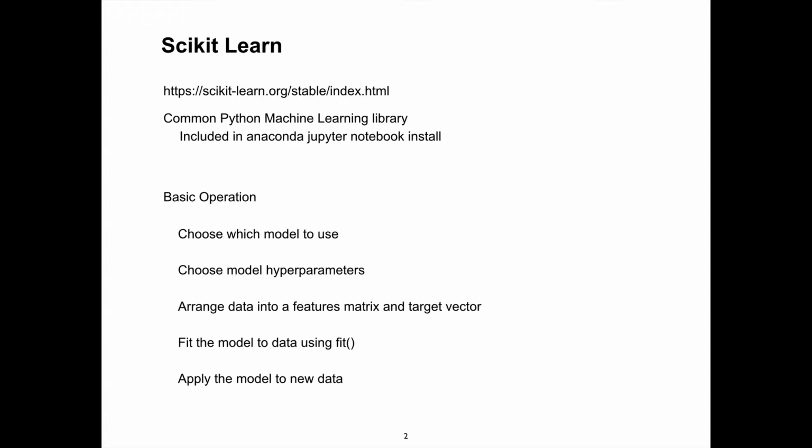It comes with the Anaconda installation of Jupyter notebooks. And the basic operation is pretty simple. You choose which model you want to use, regression or Bayes or clustering, k-means, whatever. Hyperparameters are just parameters that you can set on the model.